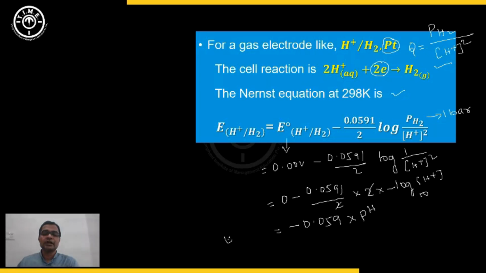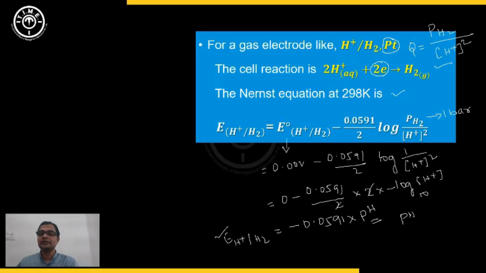So thus we can calculate the electrode potential of this hydrogen electrode. If you know the pH value, you can calculate the electrode potential of the hydrogen electrode. If you know the electrode potential value, you can calculate pH.